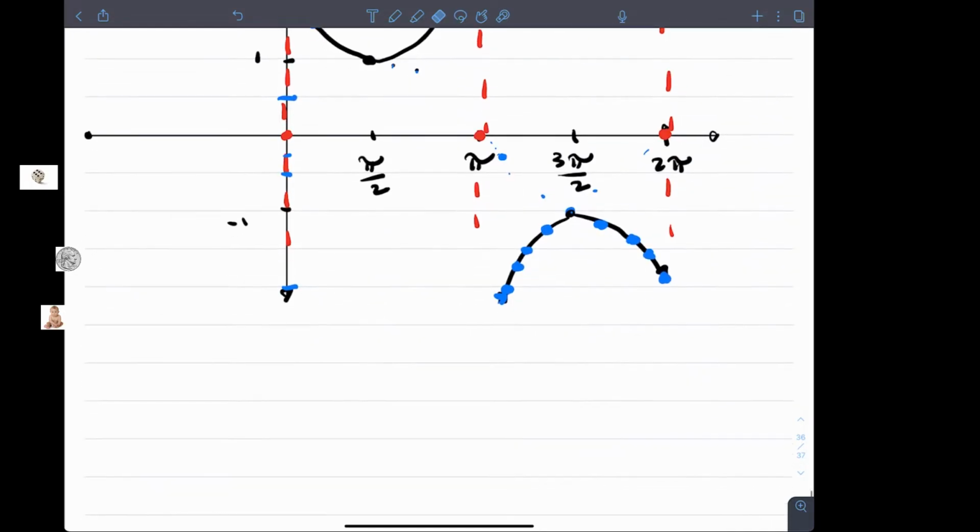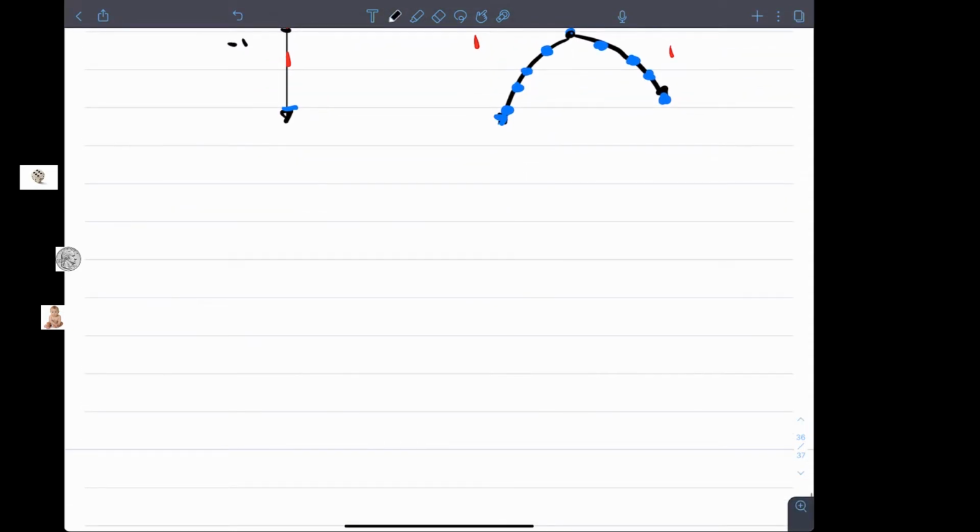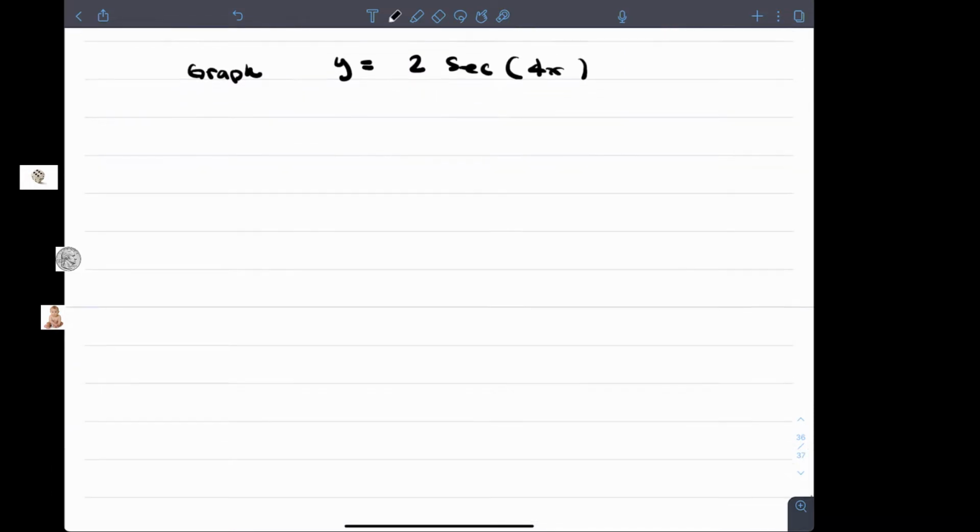That's just to give you an example, right? You say, okay, they're going to want you to graph y equals, I'm going to do now this, 2 secant, let's say 4x.